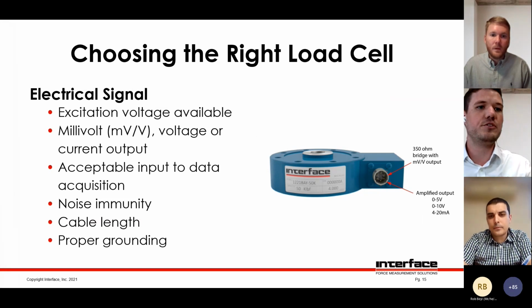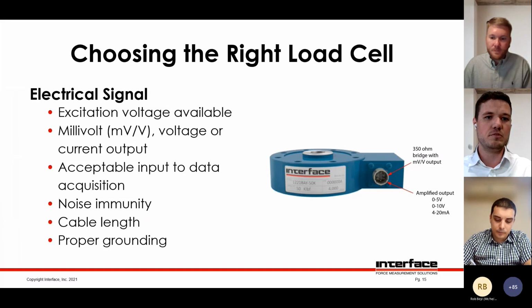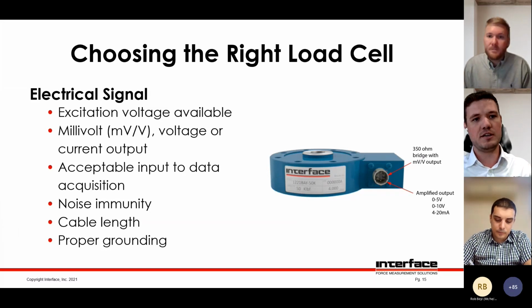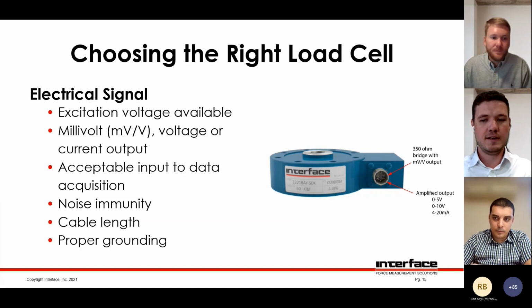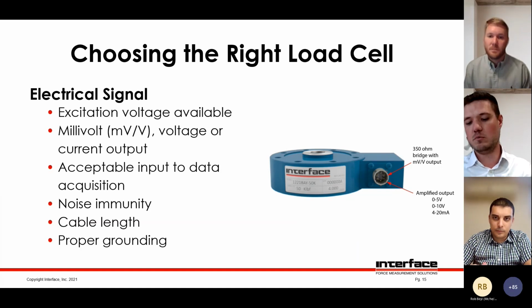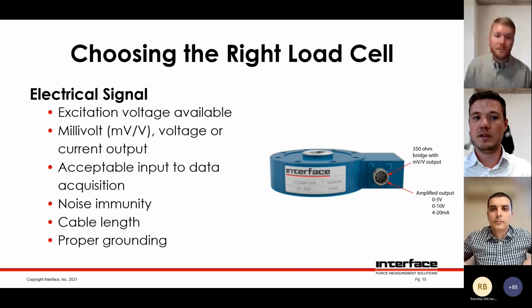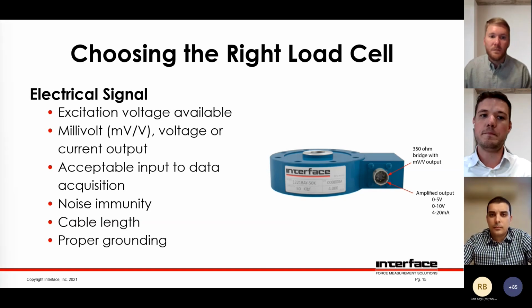Then we're talking about electrical signals. So as I mentioned before, most load cells are millivolt per volt output, so ratiometric, depending on the excitation voltage. But as I said, we can provide electronics either in the form of displays and amplifiers, supplying the load cell, or internal amplifiers.